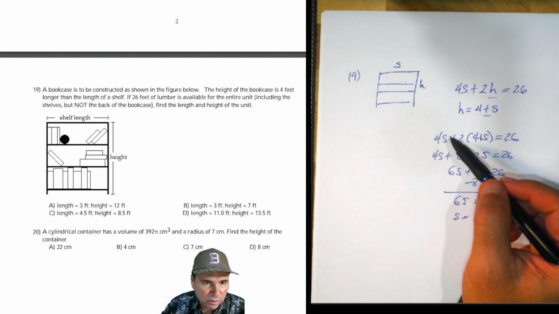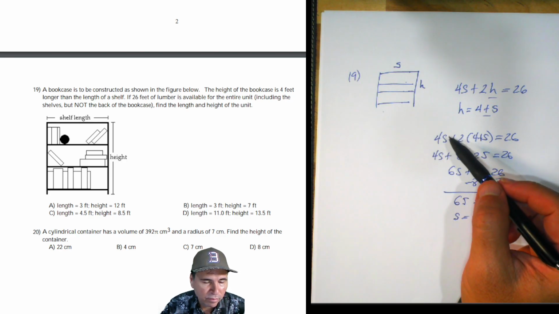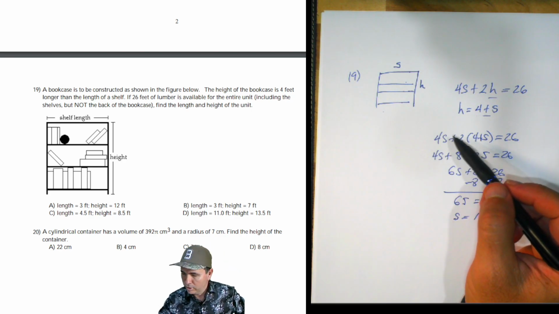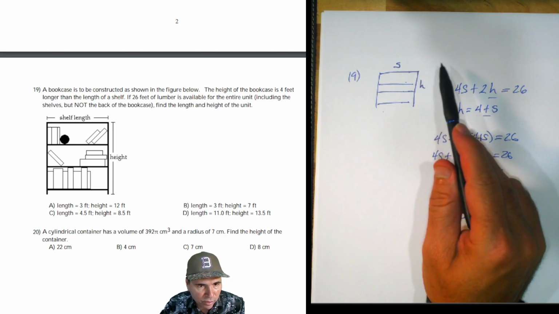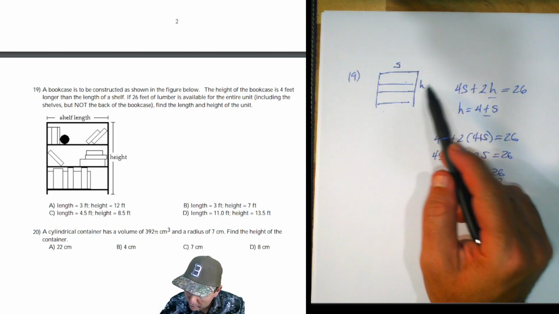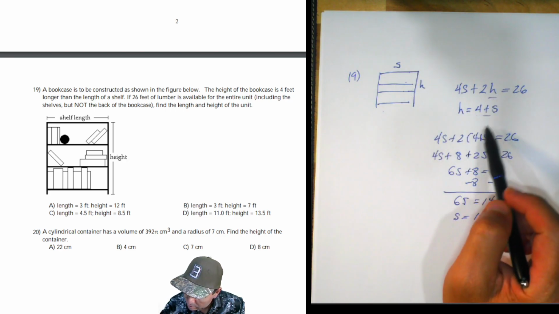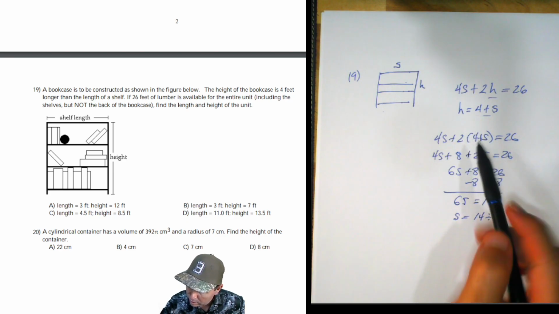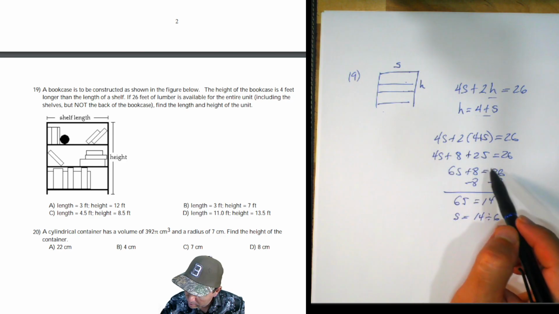We got 2 H's. 1, 2, 3, 4. There's 4 S's. There's 4 lengths, right? 1, 2, 3, 4. And then there's 2 heights. So this is 8 plus 2S. That's 6S.